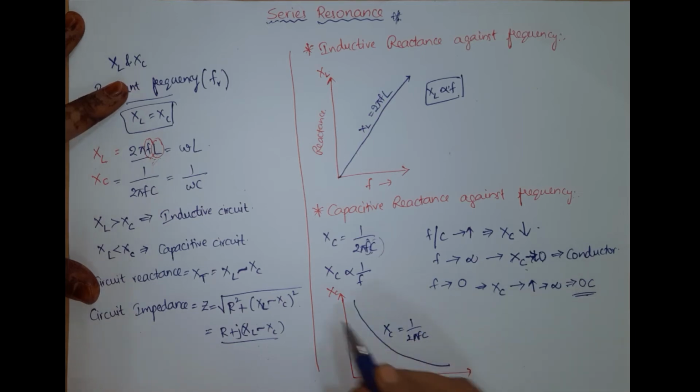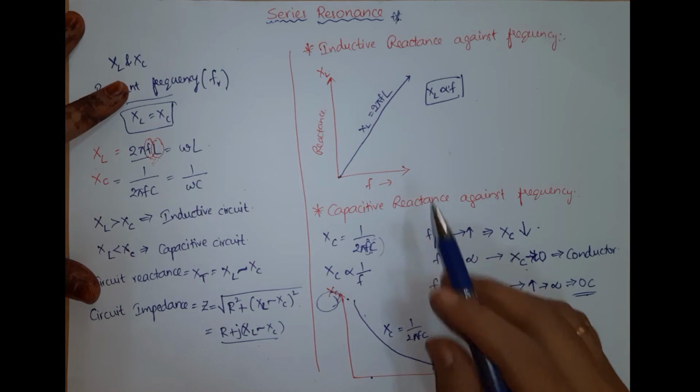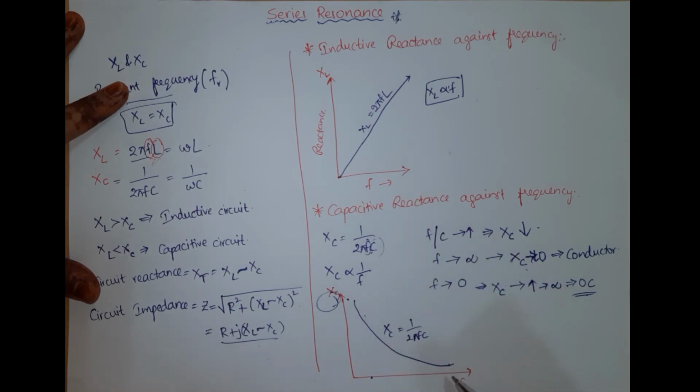The reactance of the capacitor has a very high value at low frequencies, but quickly decreases as the frequency across it is increased. It is fast reducing, so we don't get a linear curve but a hyperbolic curve. From this we can conclude that the capacitive reactance is inversely proportional to frequency.